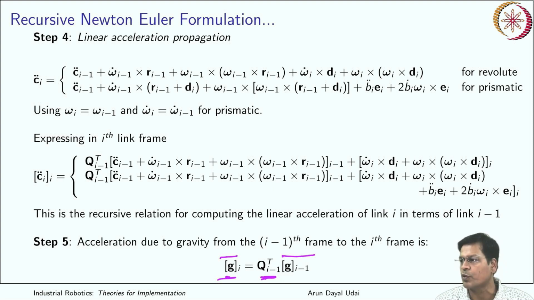That is how you keep moving from 0, that is the ground frame, gradually till the end effector frame, that is the last link frame. That is how G also is converted to the ith frame every time it is considered for that particular link. So that is how, in 5 steps, you did all of it with velocities, accelerations and G.